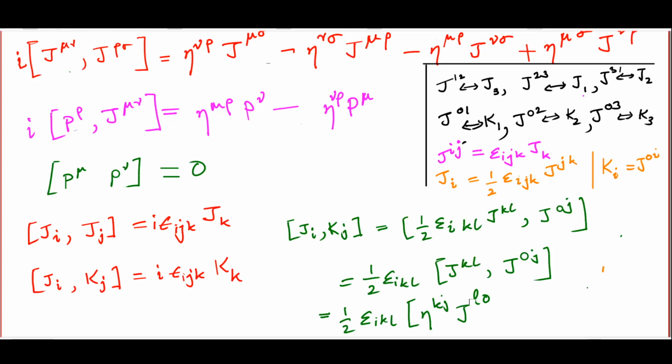So with a minus sign here, so eta Lj and mu with rho, so K0.